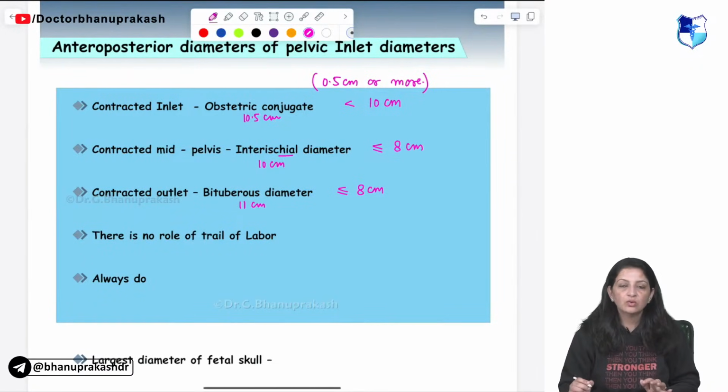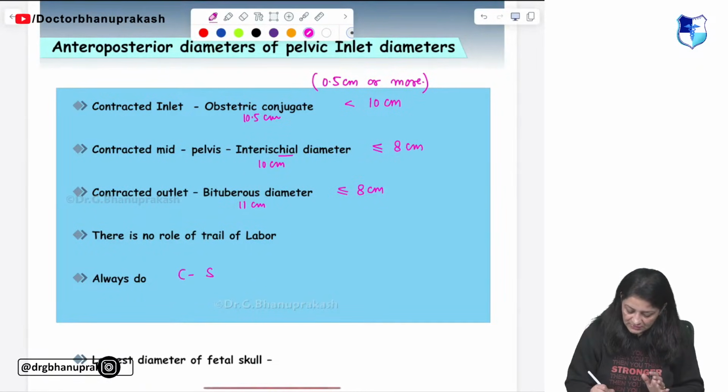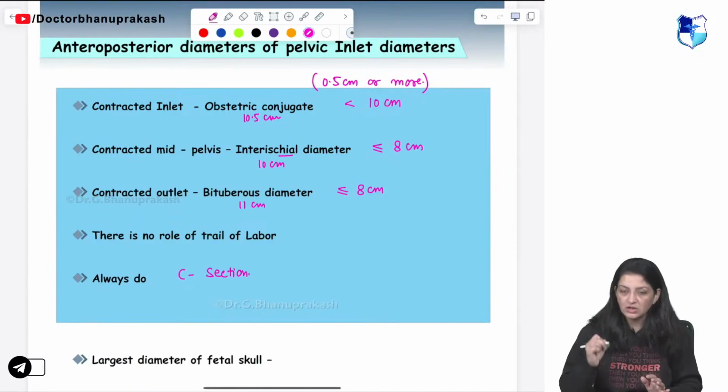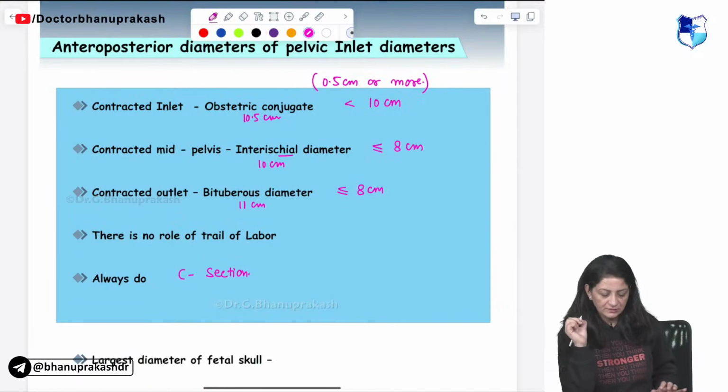So there is no role of trial of labor. Always do cesarean section.